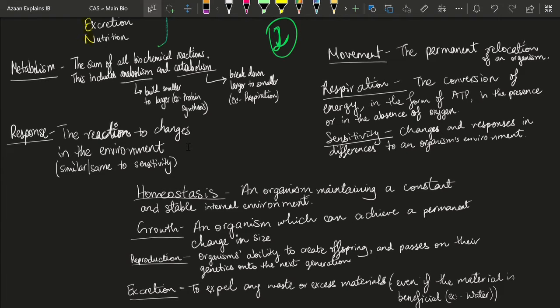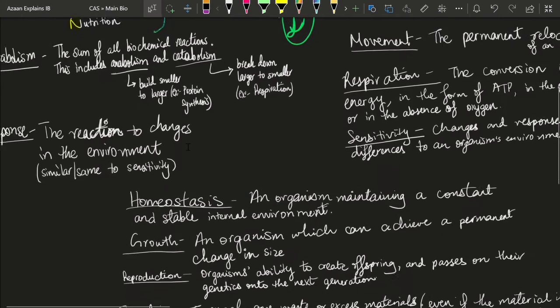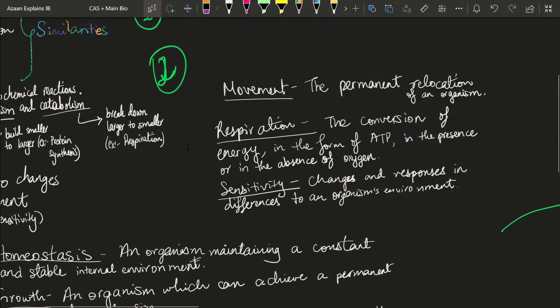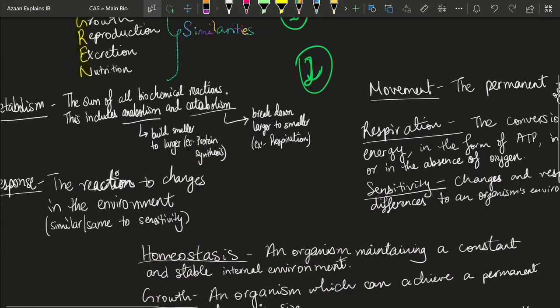A good way to remember this is that catabolism has the word cat, and if you ever own a cat, you'll know that they break stuff all the time. So catabolism means going from larger to smaller, as they break down larger molecules into simpler ones.